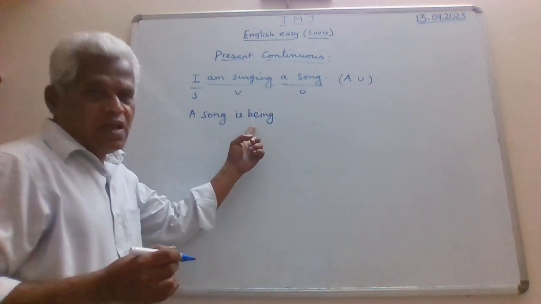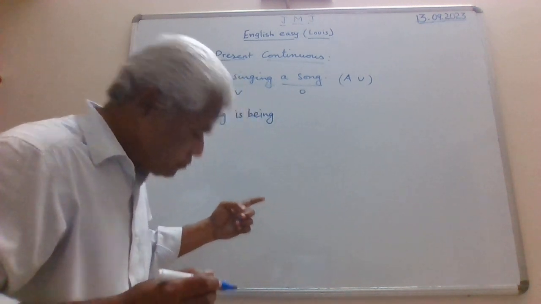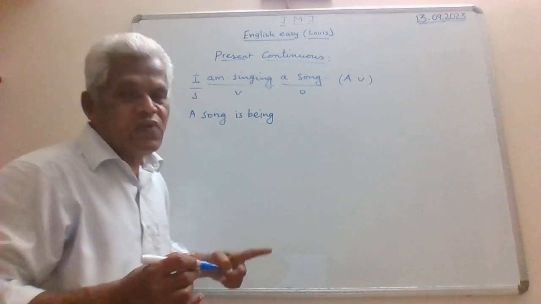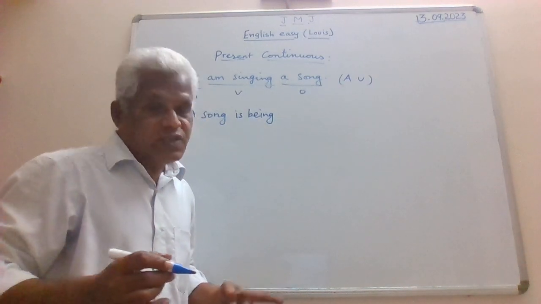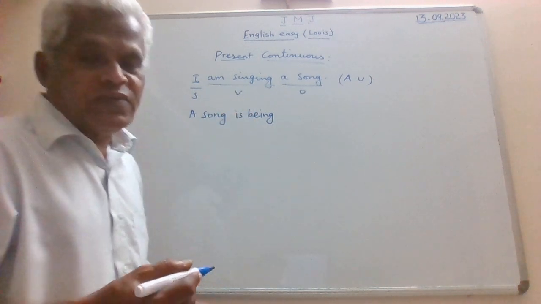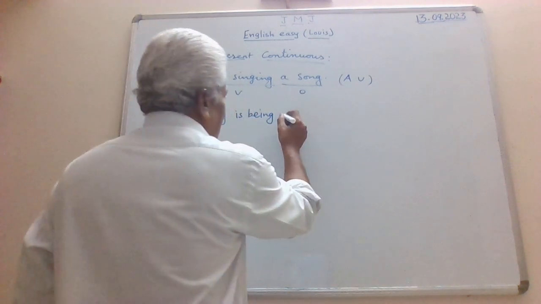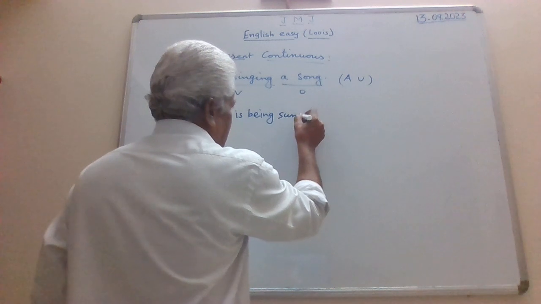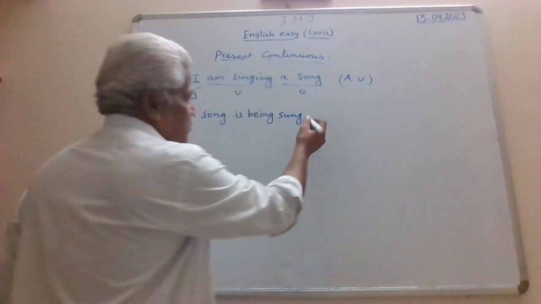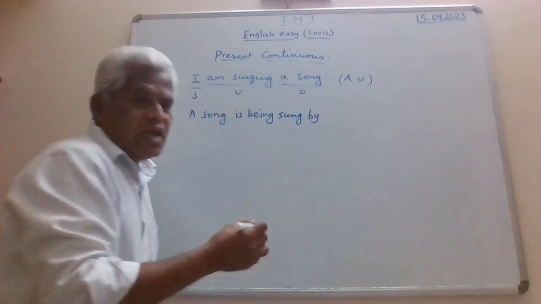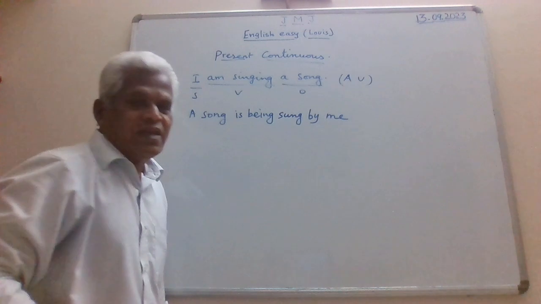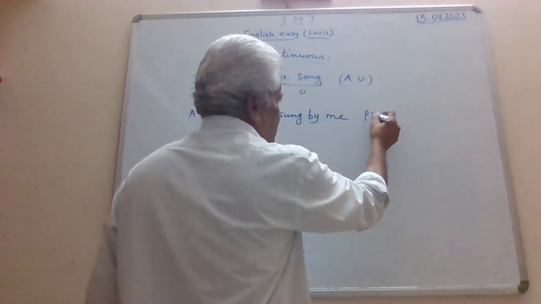Being, and then after writing being, we must write the past participle form of the main verb. What is the past participle form of the main verb? Sing here, sung. The song is being sung, and then the preposition by, and then your object, and it becomes me here. And this is your passivation, passive voice.